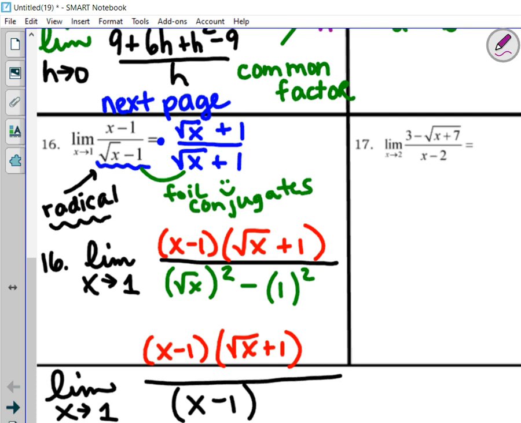I want to see the common factor to divide away. So the two that are not conjugates, just let them sit next to each other. What you're hoping is that one of them is going to match the denominator and divide away. That's what happens in conjugate multiplication, using that as a trick.